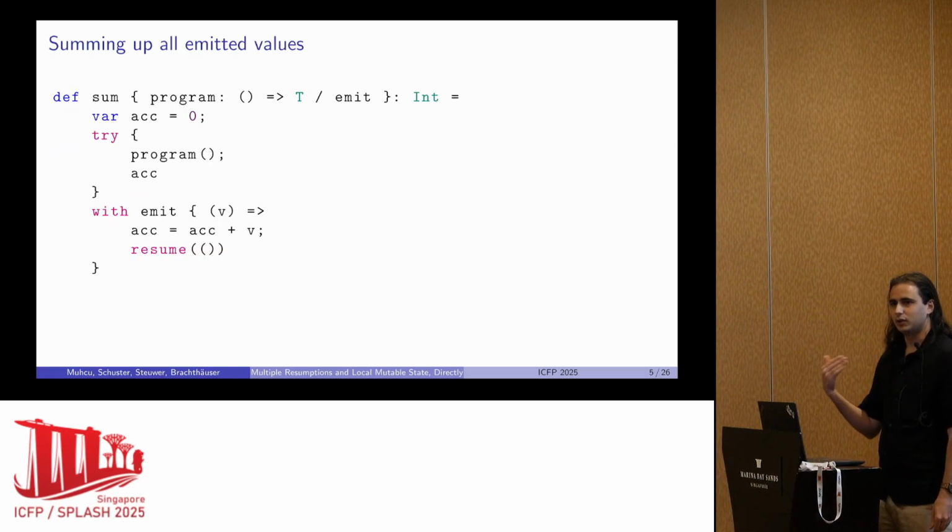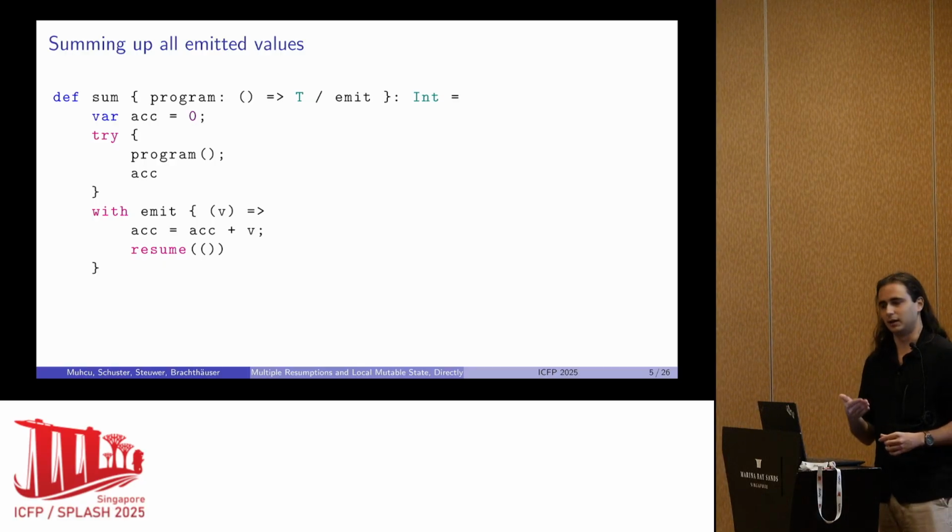And to actually call the range function, we need to provide a handler. And this can look like this. Here we have a sum function that takes an emitting program and wraps a handler around it by first allocating an accumulator, initializing it to 0. Note that this is a mutable variable.